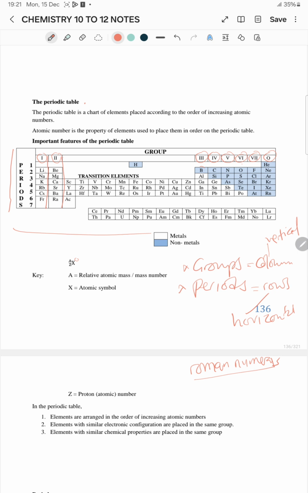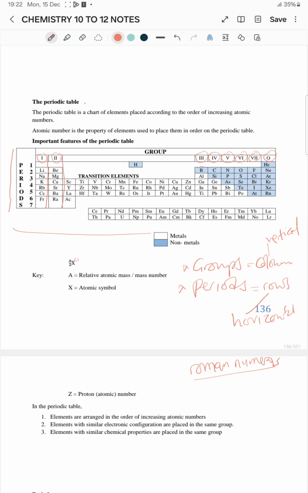In group 7, we have fluorine, chlorine, bromine, iodine. Then group 8 or group 0, we have helium, neon, argon, krypton, xenon. You continue like that. So this periodic table, as grade 11, it is yours.